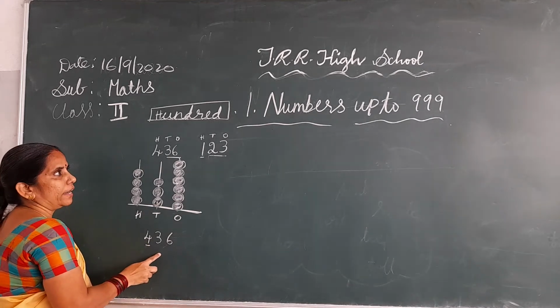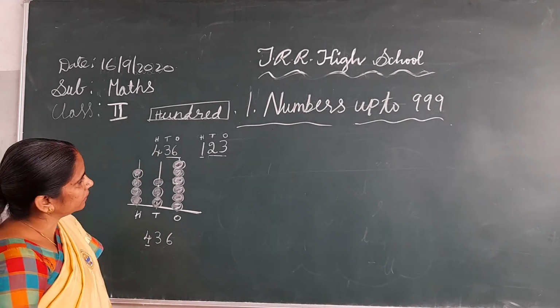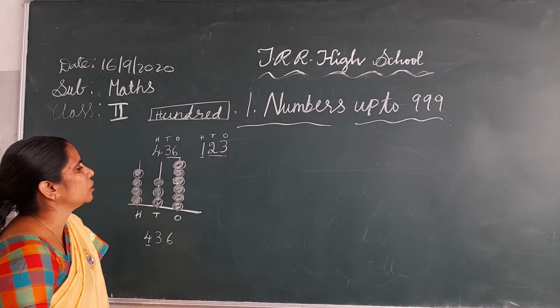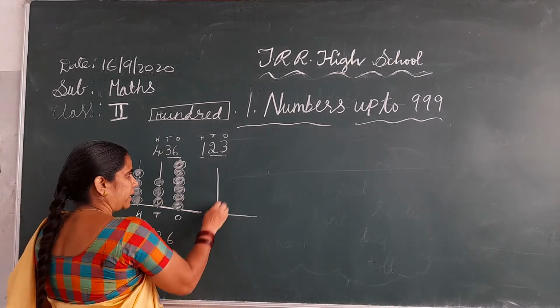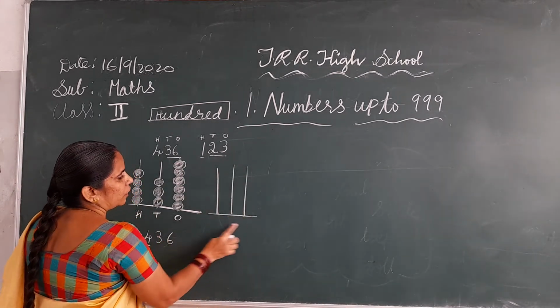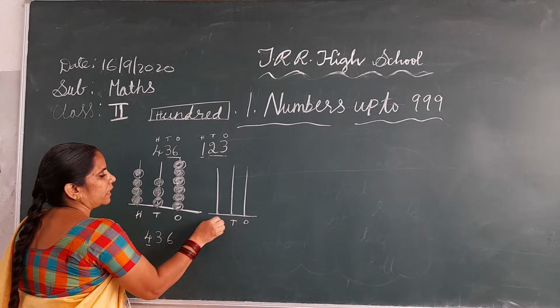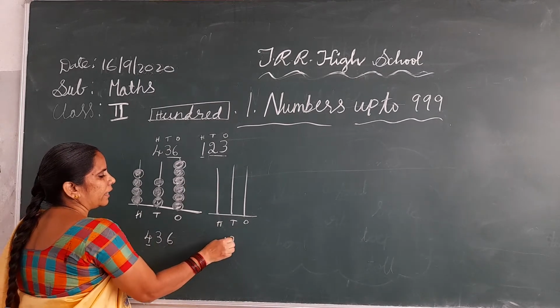This is 436. Same like that, this also you can put on the abacus frame. 3 dots are there: ones, tens, hundreds. 123.